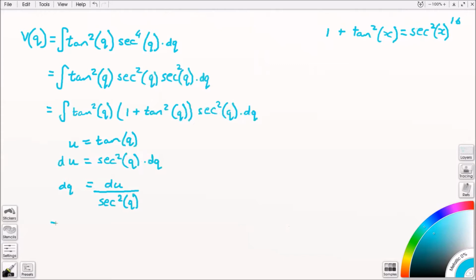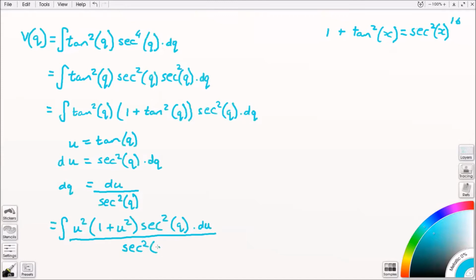And now we can rewrite this as the integral of, well, we write it in terms of u now, so u squared times 1 plus u squared, and then that's times by, well, we're still timesing it by secant squared x, dot du over secant squared x, because we're going to substitute this in for the dx, which allows us to actually eliminate this.